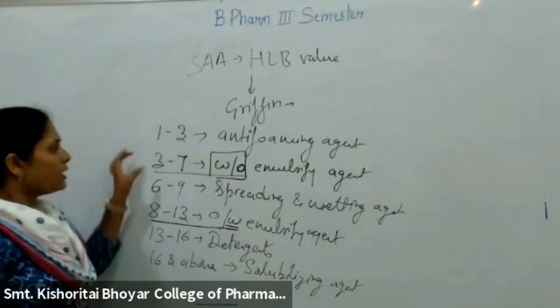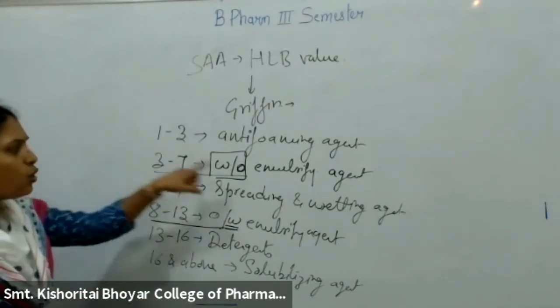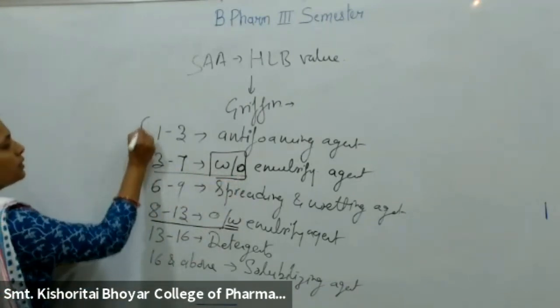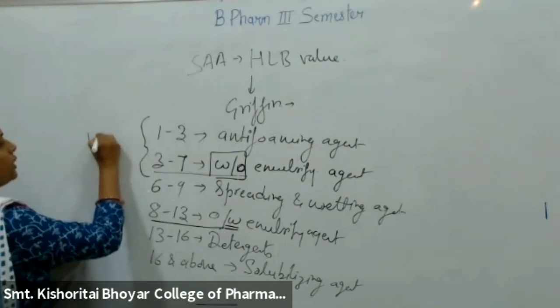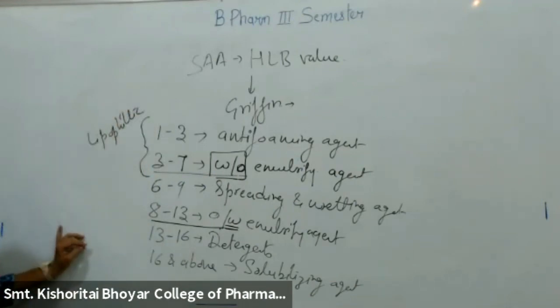इसका मतलब है जो surfactants जिनकी value 3 to 7 है, they are oil soluble. So if these are oil soluble, that indicates they are a lipophilic type, or predominantly lipophilic in nature.